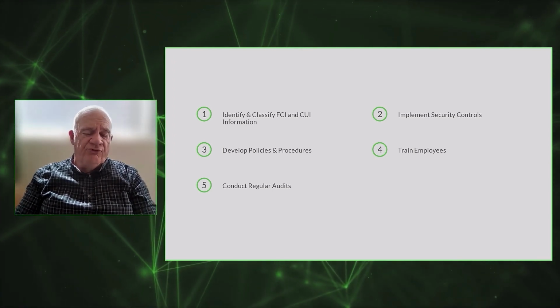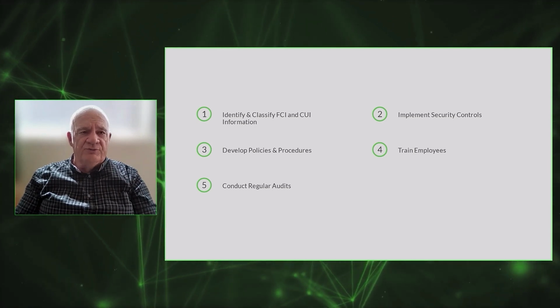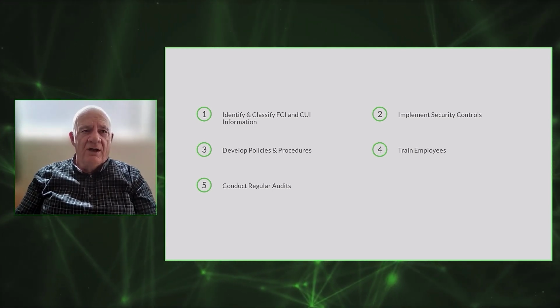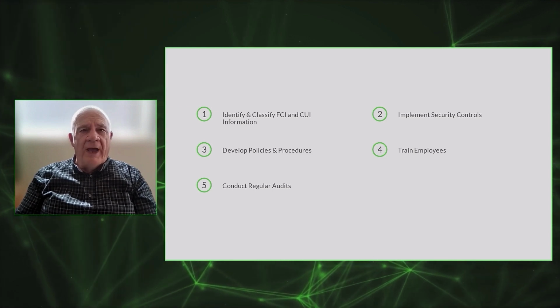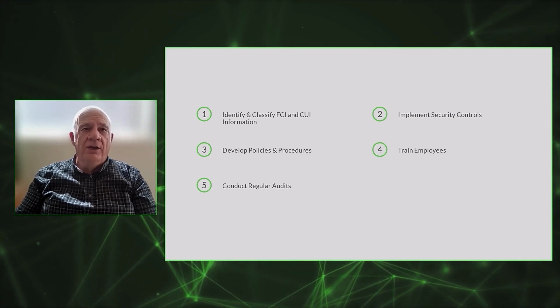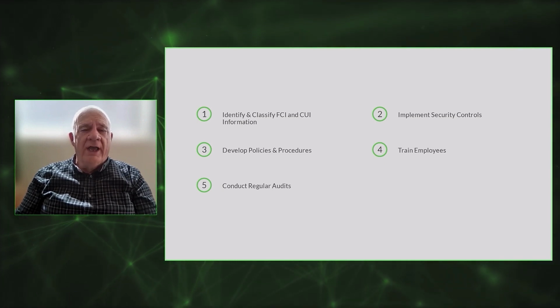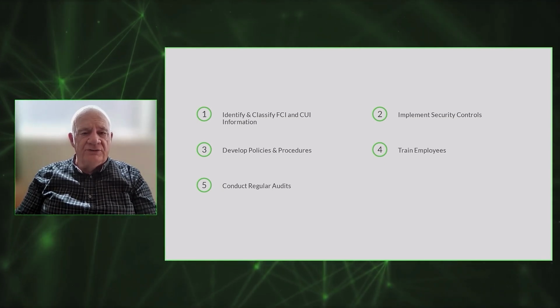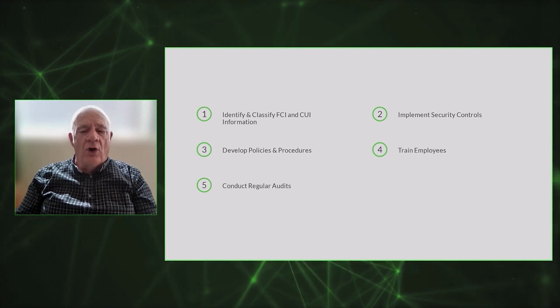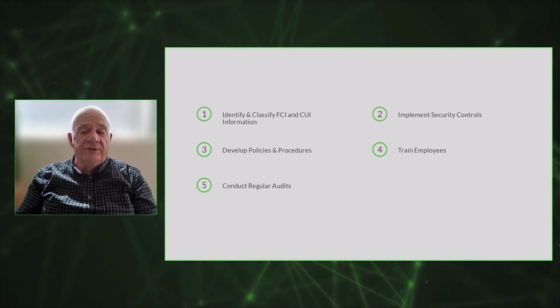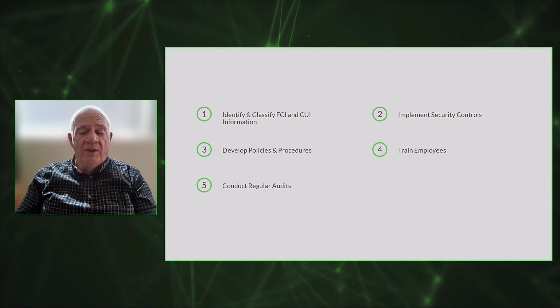So the next step would be to put together those procedures and policies that govern how we handle CUI, who has access to CUI or FCI, how do I protect that information? All those things are important and part of the requirements from the DoD.